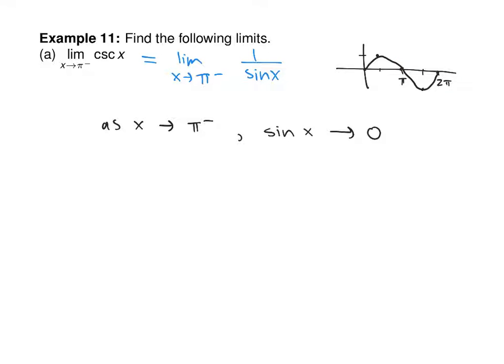It's going to positive 0. It's because of the left side, yep. If I would have said pi plus, you would be approaching pi from this side and be going to 0, but it'd be a little bit negative, right? So this will be 1 divided by some small positive number, right? What's that going to make? Positive infinity, right?